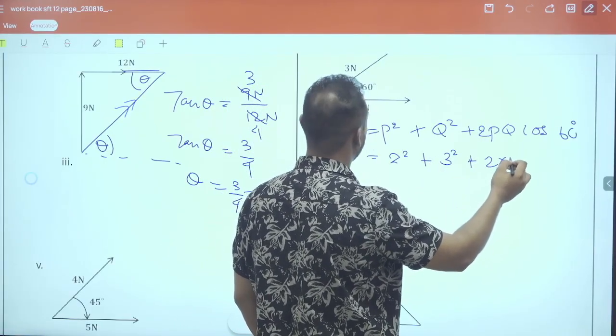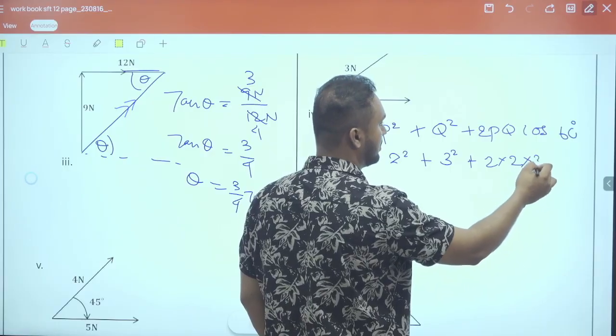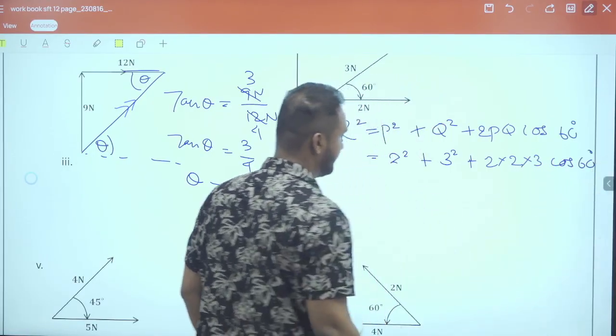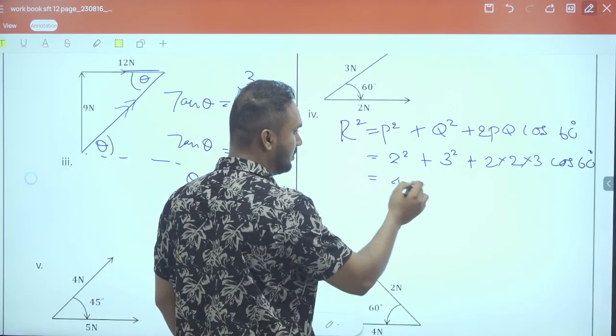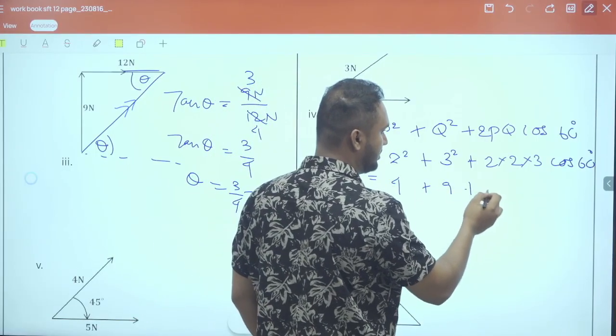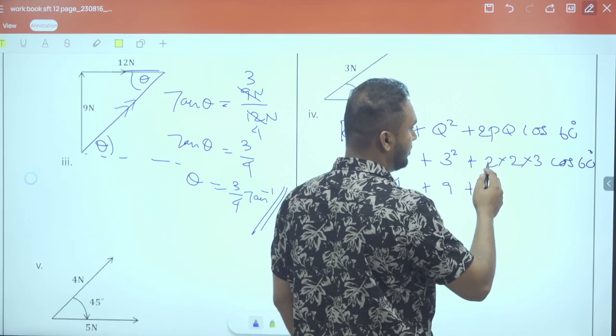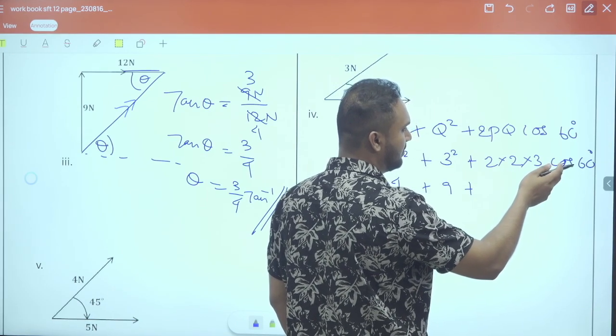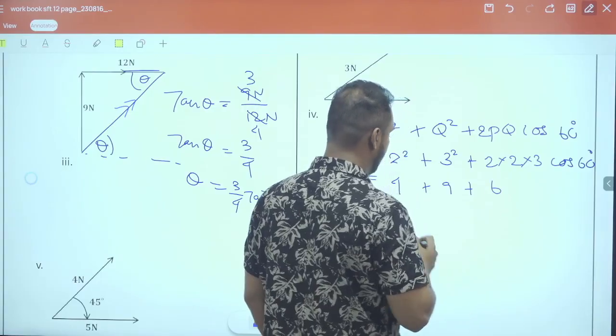2 into 2 into 3 cos 60. So 2 square is 4, 3 square is 9, plus, what do you get here? 2 into 2 is 4, 4 into 3 is 12, and cos 60 is half, so it's 6.